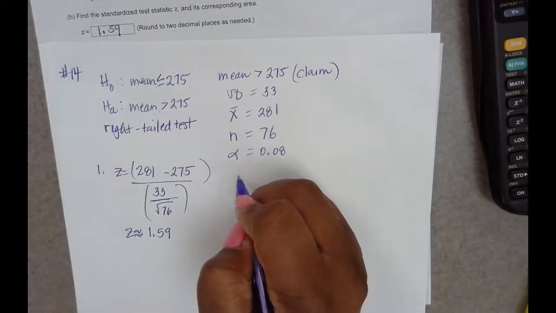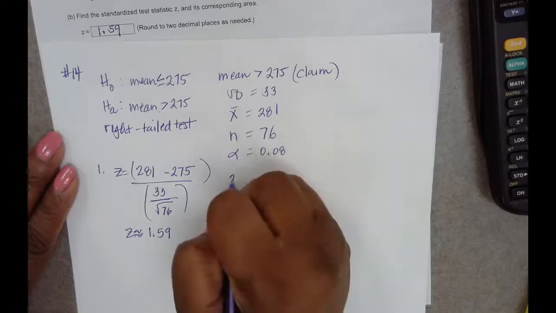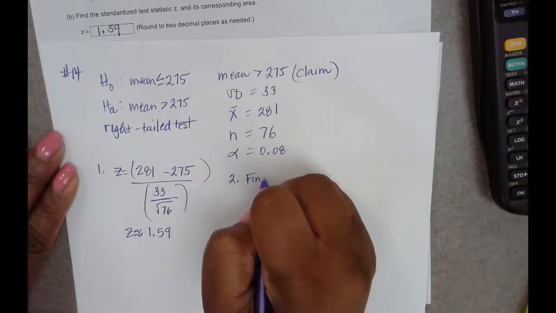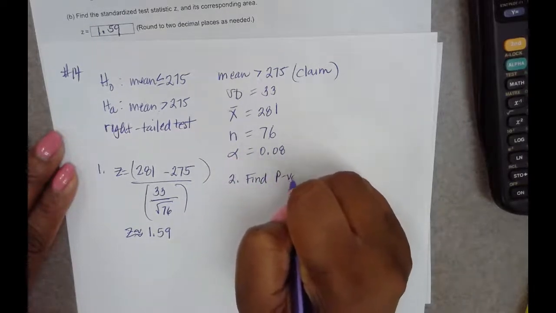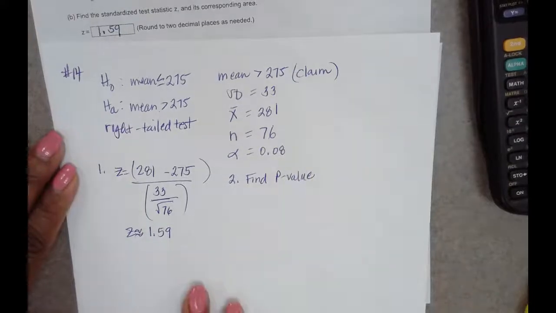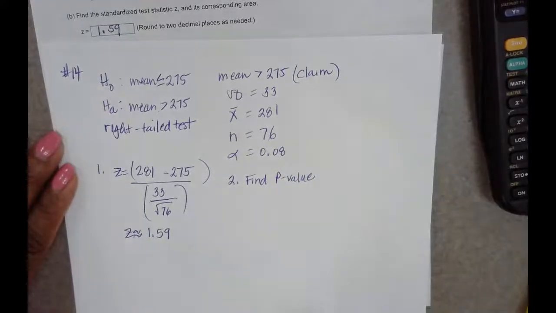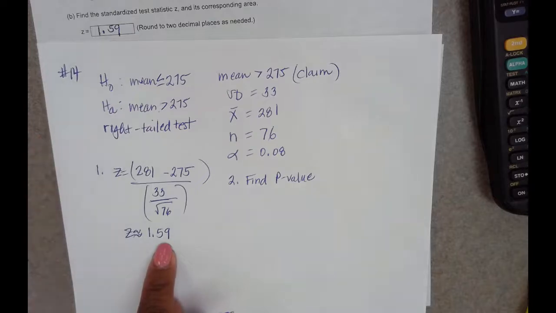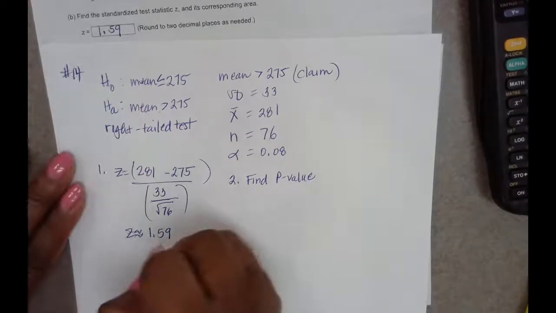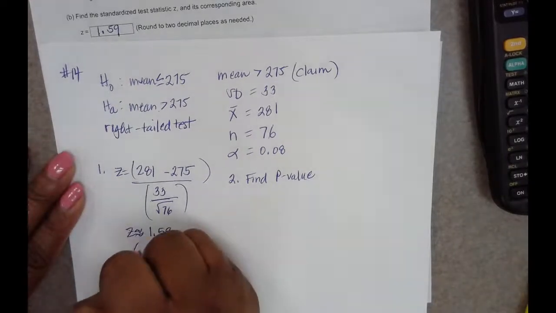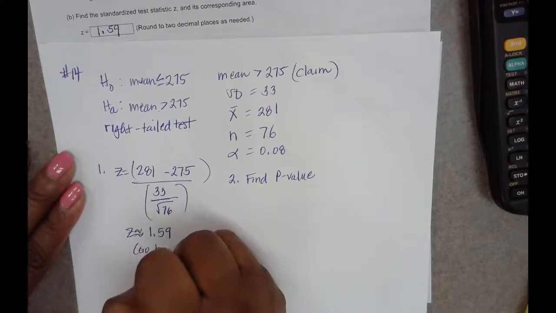So now I'm going to find my p-value. Since it's a right tail test, before I can do that, y'all, what do I need? I need to find the corresponding probability that this z-score has. So I go to the table.